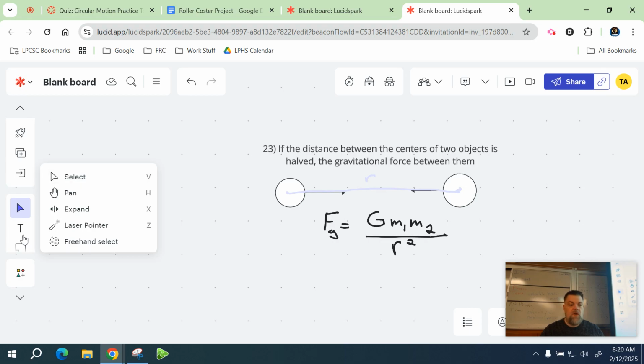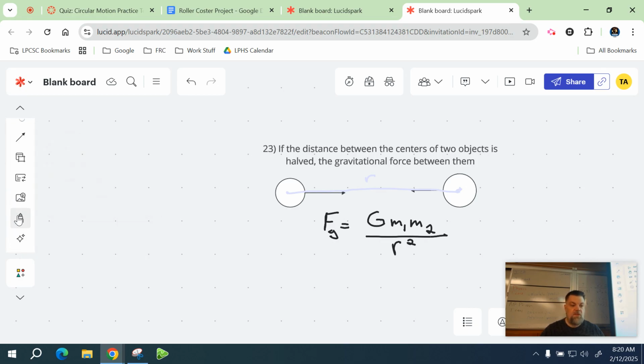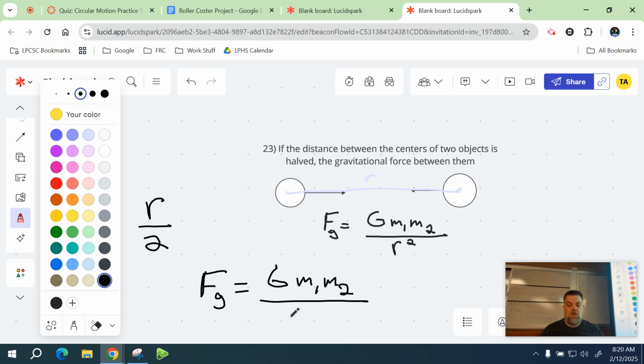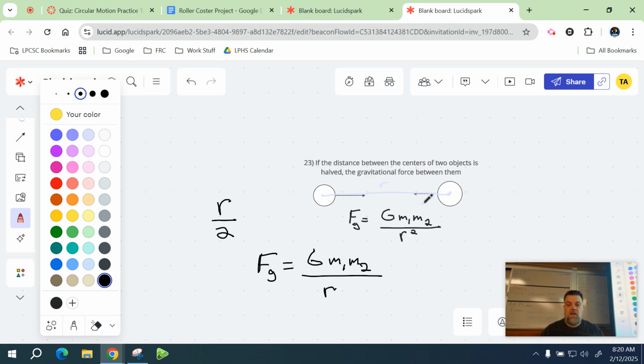Well, what does cutting in half mean? Well, really what I'm saying is that I'm going to take r and I'm going to divide that by 2, right? So then that means I would have a different gravitational force, which would be G times m1 times m2 all over r divided by 2, squared.